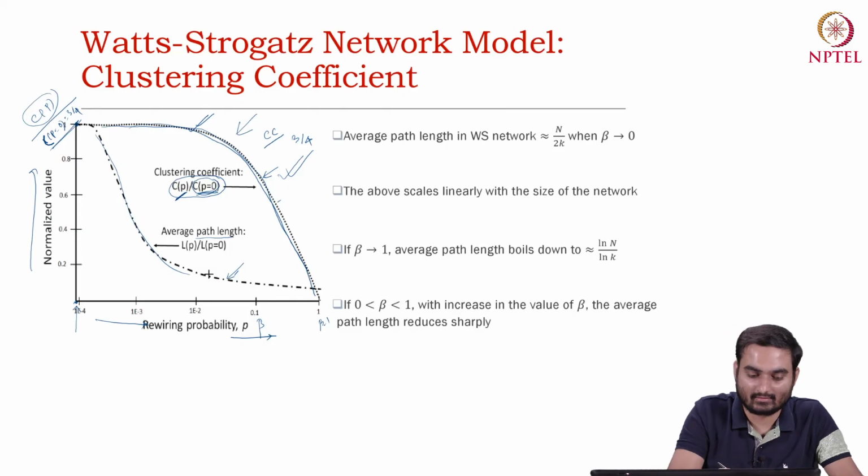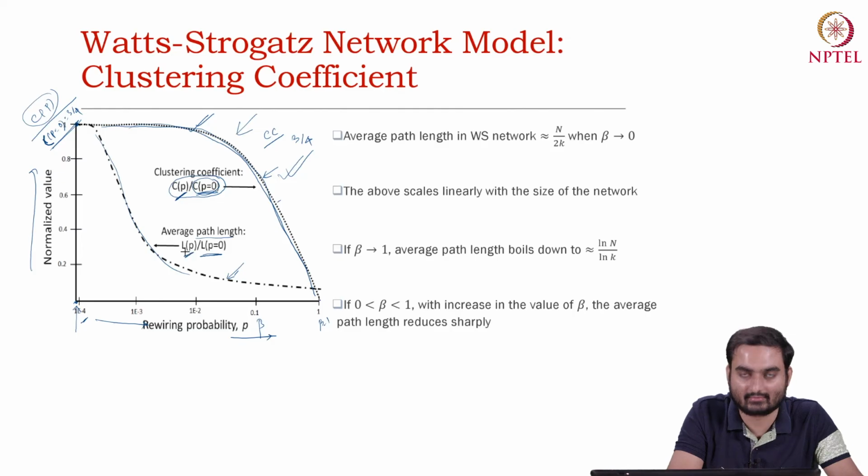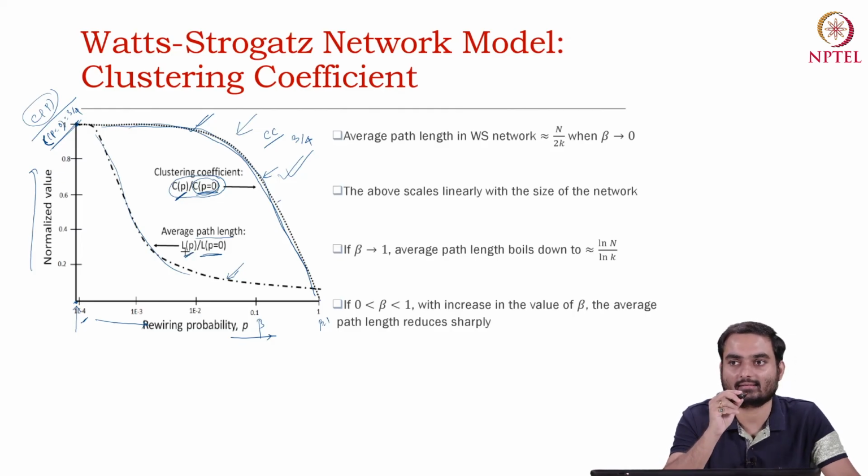What does it mean? Let's look at the average path length at p equals to 0. So let's assume that you have certain average path length, right? So as you increase p, you are basically letting a node connect with a node which is far from the given node. Because currently in the regular lattice structure, a node is connected only to its immediate right side neighbor, or the second up neighbor, or so on, immediate left side neighbor.